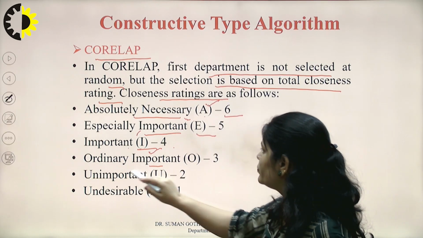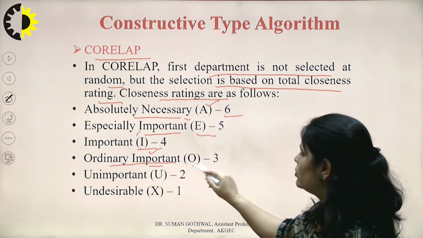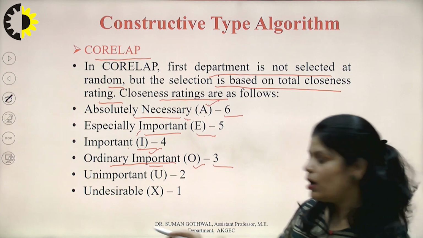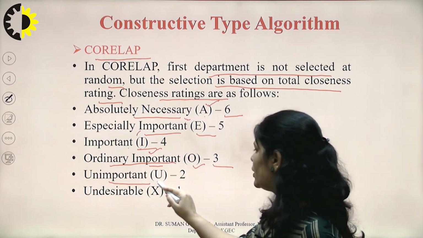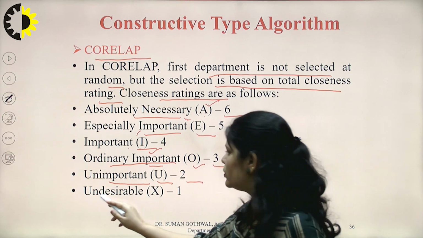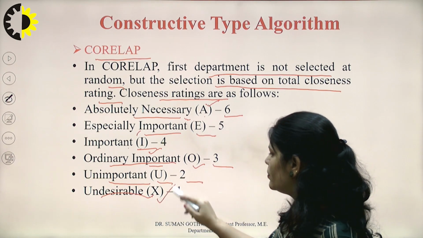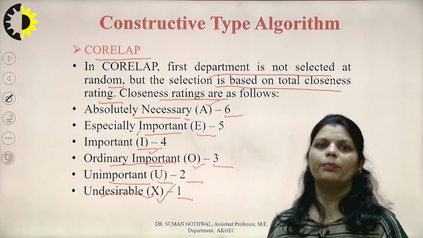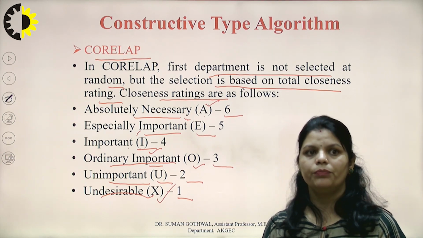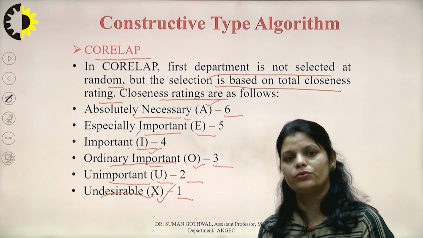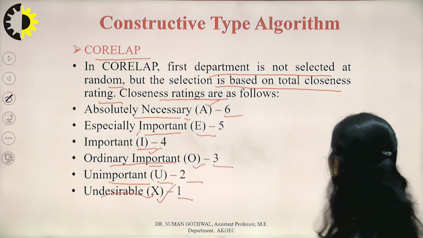Then we have ordinary important using the symbol O and its value is 3. Unimportant, we are denoting it with U and its value is 2. And for the undesirable, we are using symbol X and its value is 1. So, depending on the total closeness rating, we will choose the first department.